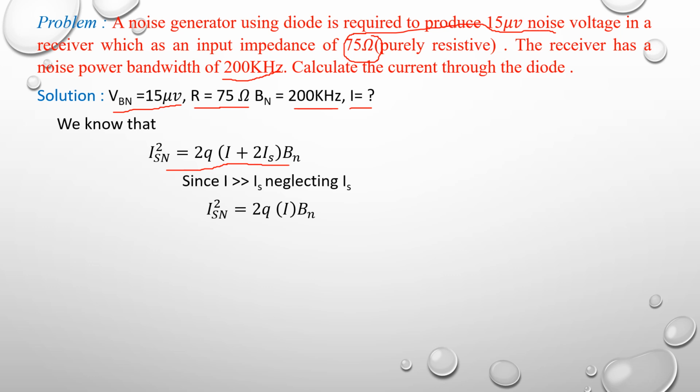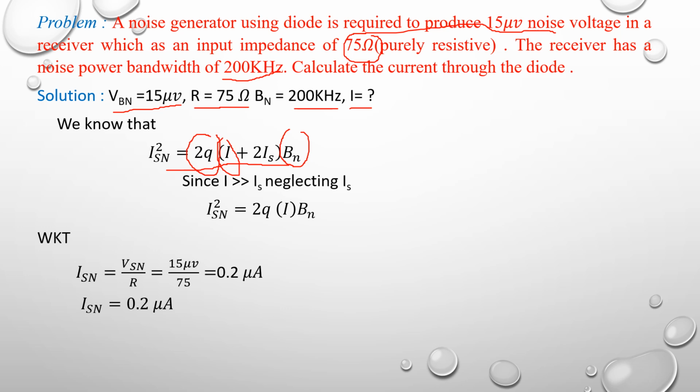Since I is much greater than IS, the reverse saturation current IS is negligible, so we modify the original equation. After modification, ISN square is equal to 2Q into current I into bandwidth BN.